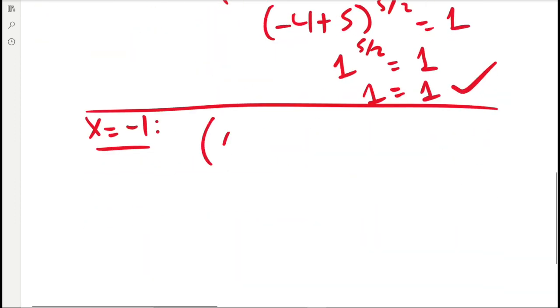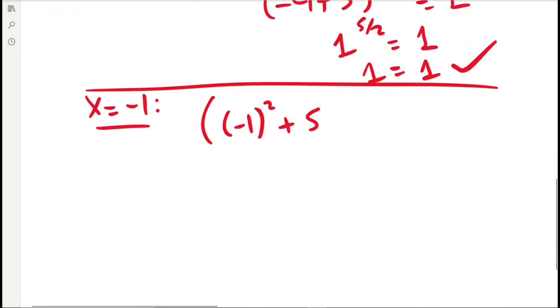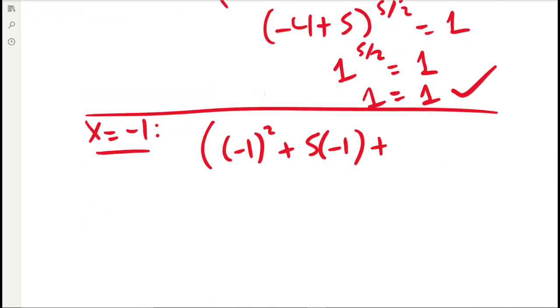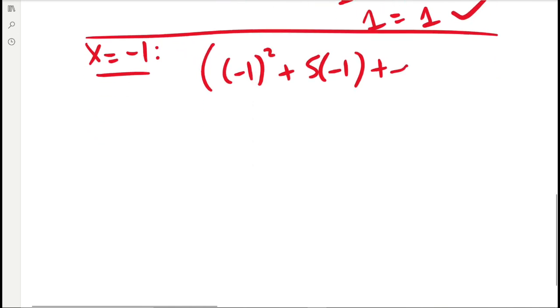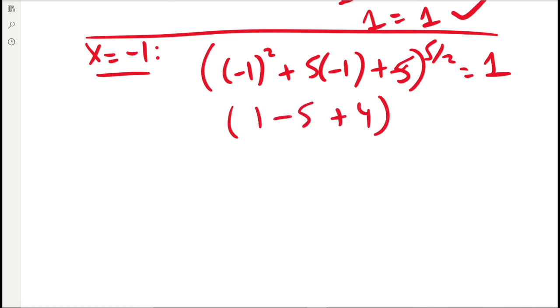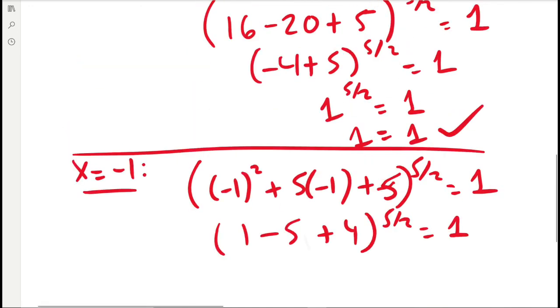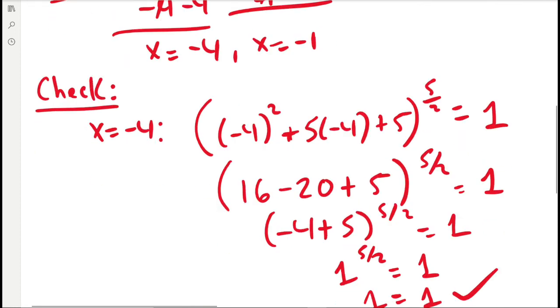Let's plug in negative 1 now. So I get x squared plus 5x plus 5 to the 5 halves equals 1. So I get here, negative 1 squared is 1, 5 times negative 1 is negative 5. Let me double check the numbers here.